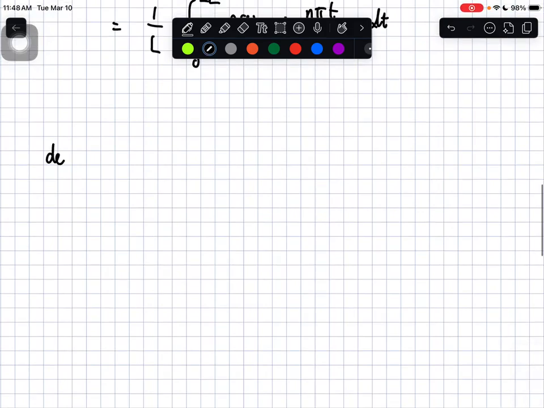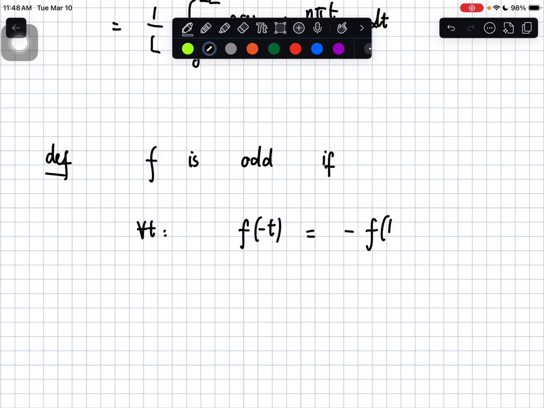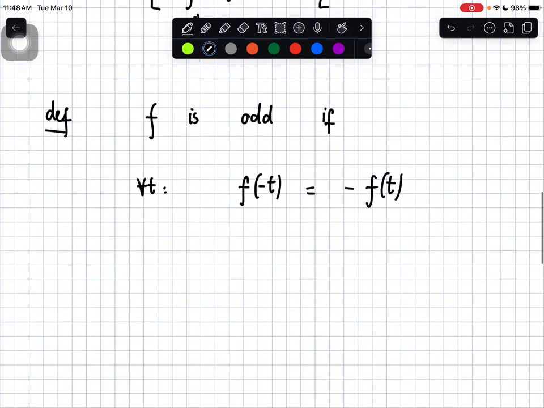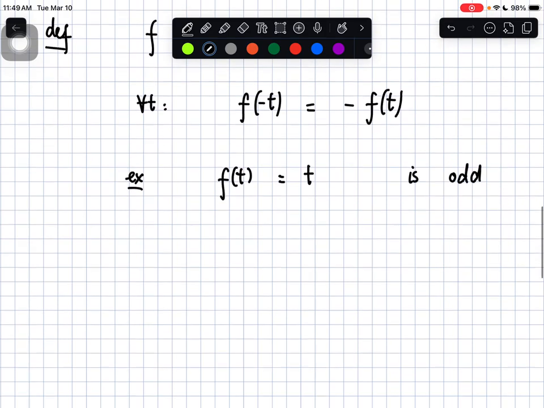Definition: recall that a function f is odd if for all t, f of minus t equals minus f of t. So, for example, f(t) equals t.